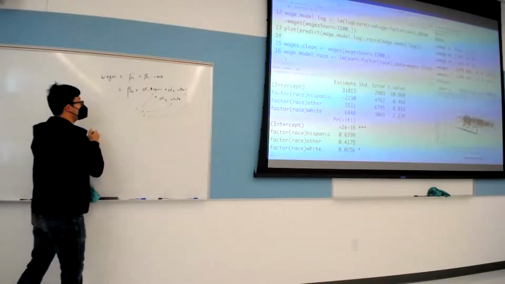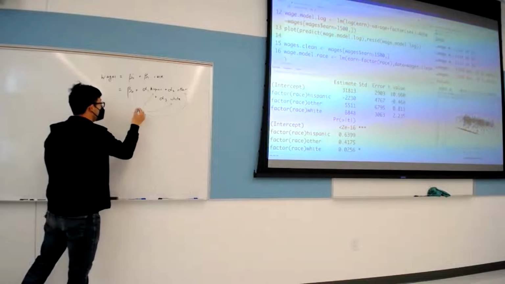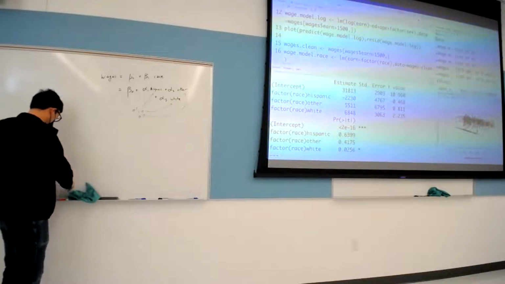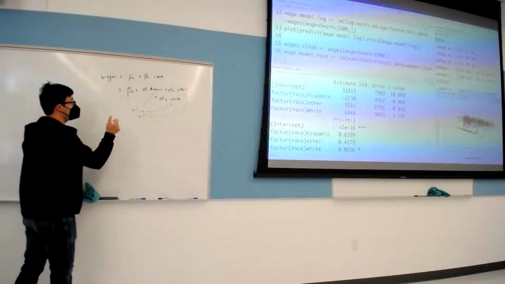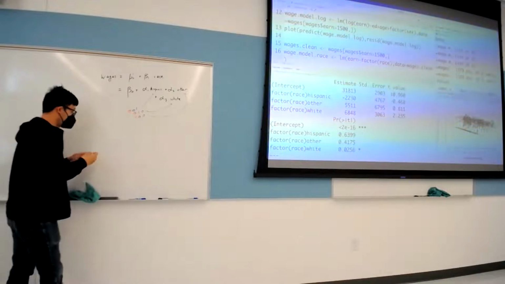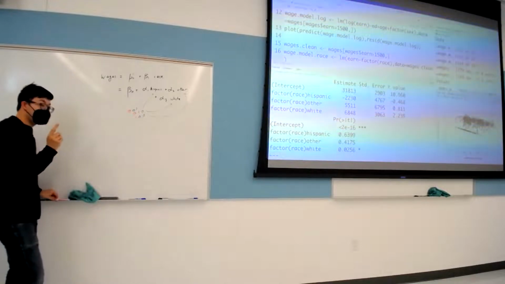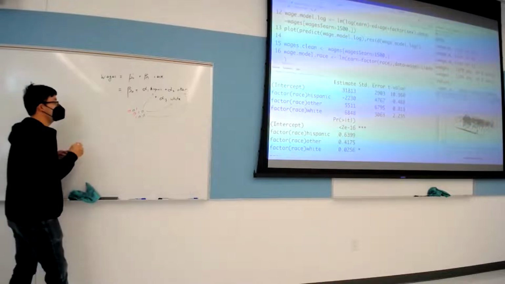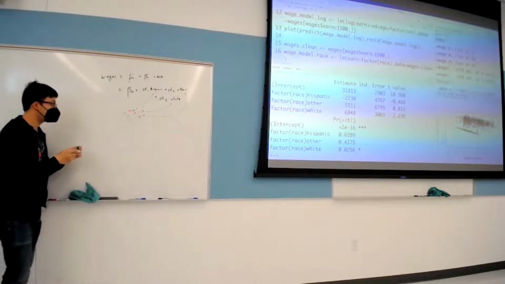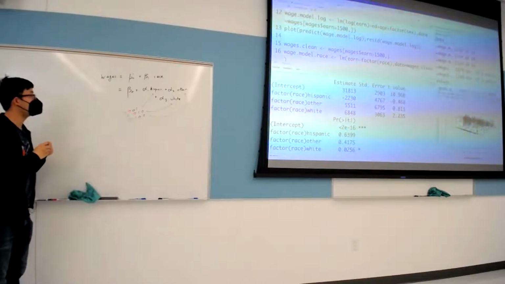Another configuration would be 0, 1, 0. Another would be 0, 0, 1. And there's actually one more configuration, which would be 0, 0, 0.